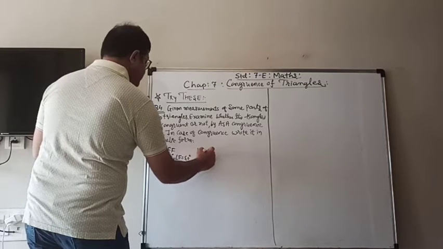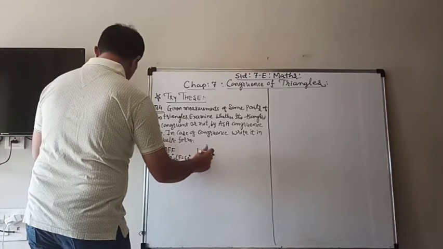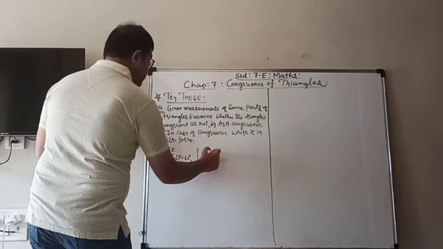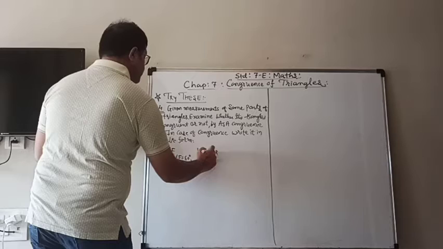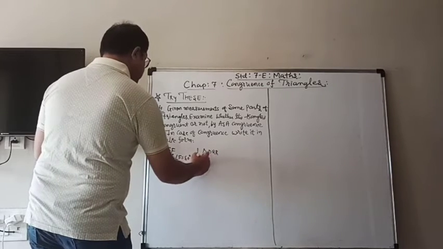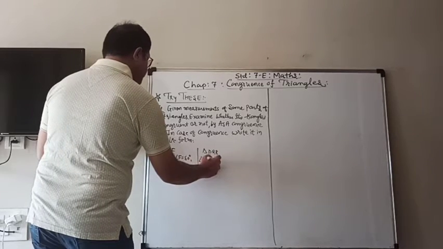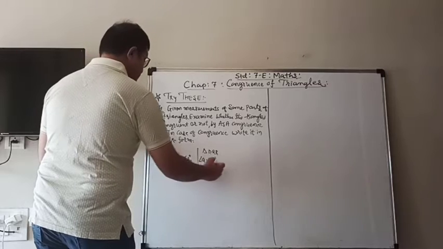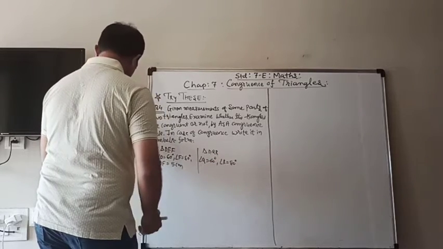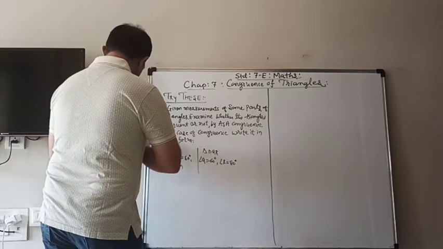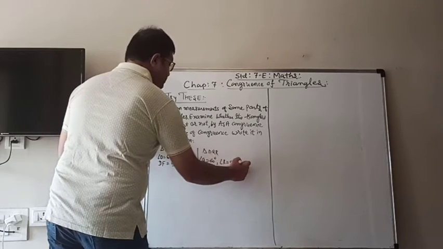And in triangle PQR, given that angle Q equals 60 degree, angle R is equal to 80 degree, and QR is equal to 5 centimeter.